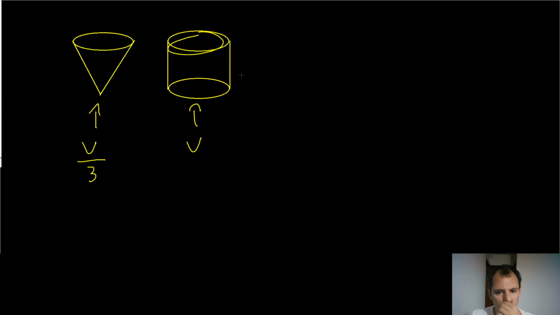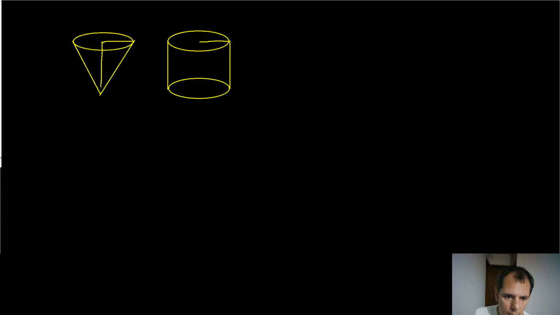Now for example, what is the volume of the cylinder? If this is R right here, and this is the same R, these R's have to be the same, and the height has to be the same too.